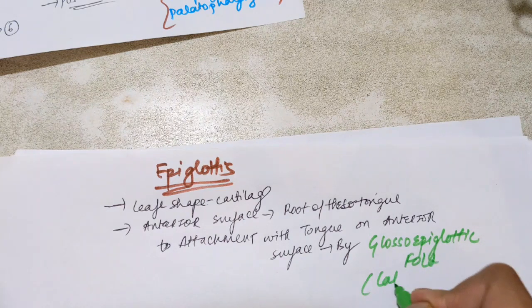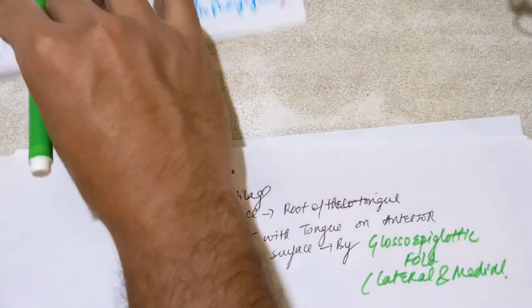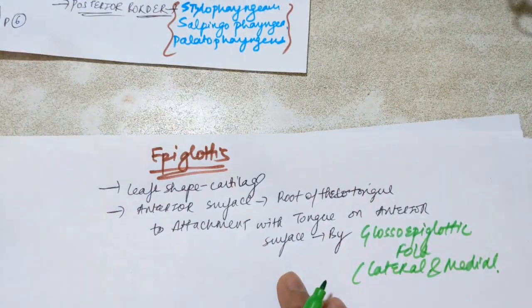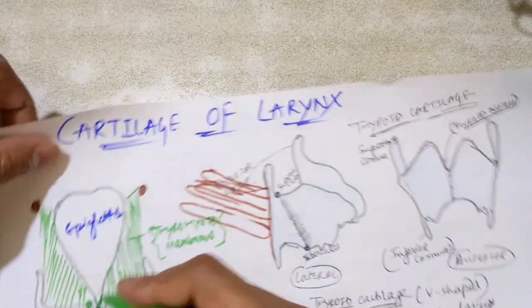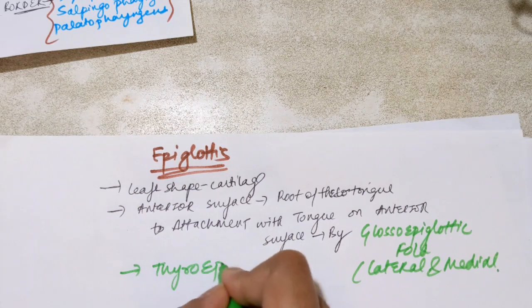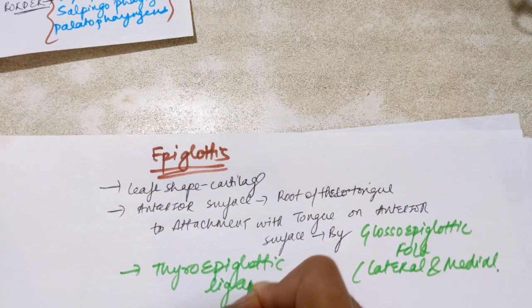There are 2, lateral and median. On the anterior border, it attaches with the tongue and ends at the posterior surface of the thyroid cartilage, attaching with the thyroepiglottic ligament. I have told you in the thyroid cartilage.